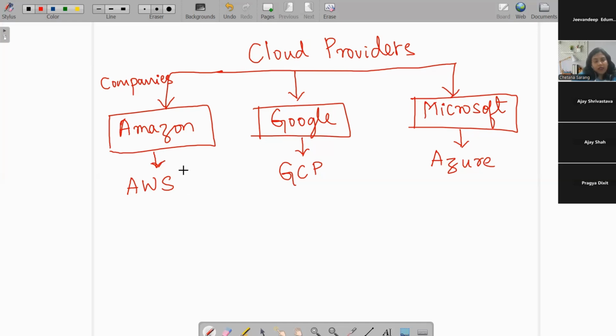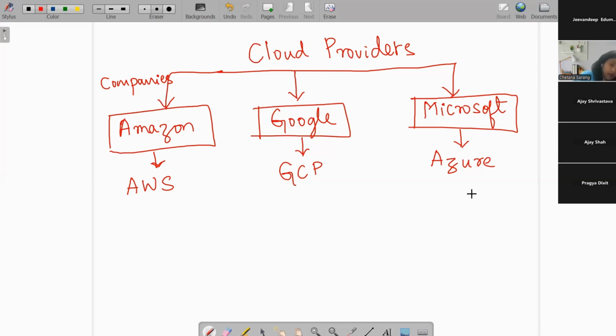So these have occupied the world majorly. There are many, like IBM is also a competitor. Alibaba also has their own cloud as well. But these are top players capturing the major segment of the market. So these three are given in the book, AWS, GCP, and Azure.